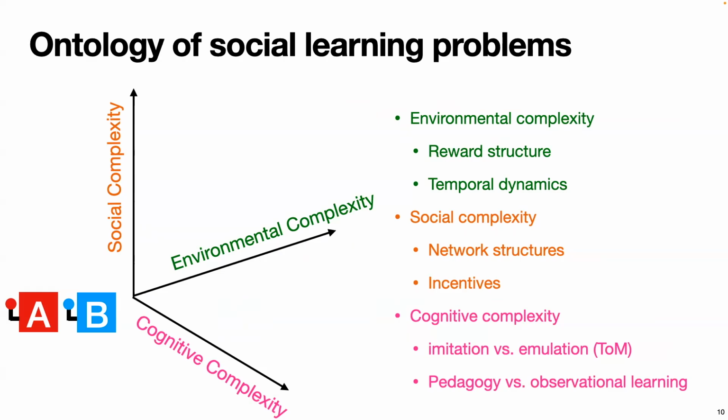So here, Charlie and I would like to propose three key interesting dimensions related to social learning problems. One is environmental complexity, then social complexity, and then cognitive complexity. By tweaking any of these three dimensions, this seemingly overly simple bandit task can become a little bit more complicated version, and could be interesting for social learning questions.